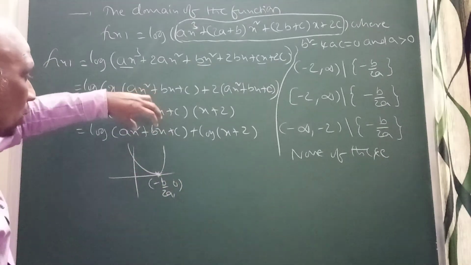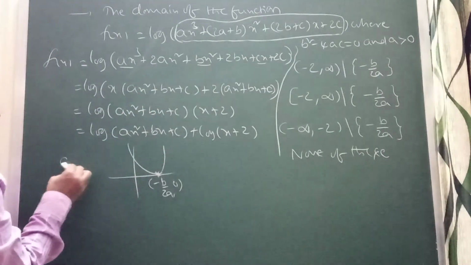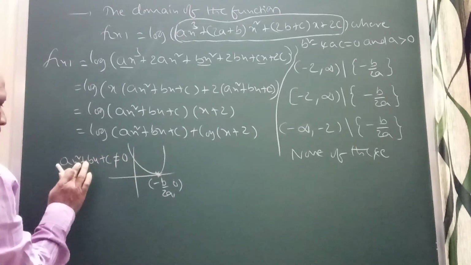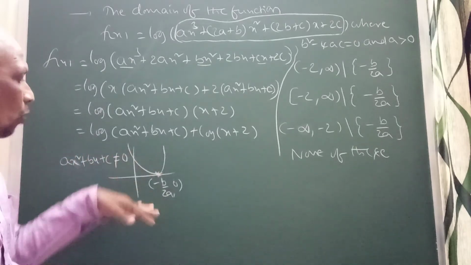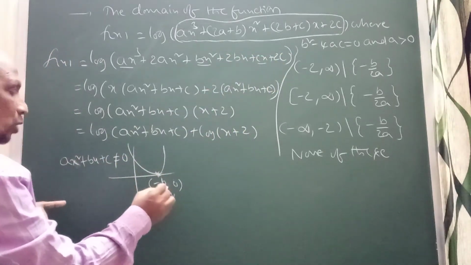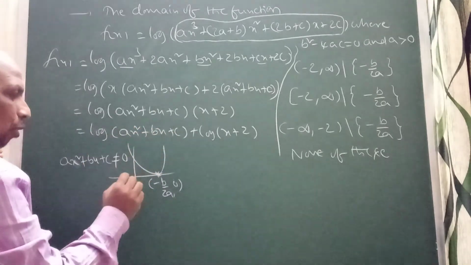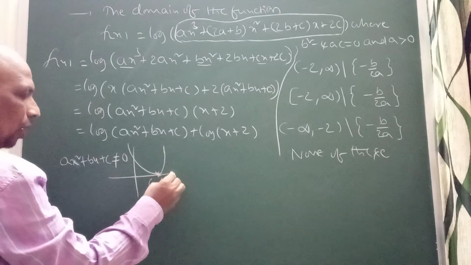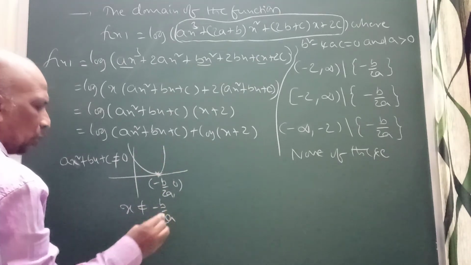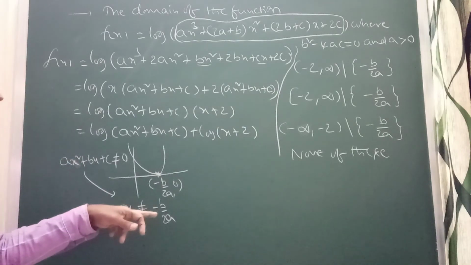But to define logarithm, this should not be 0, right? Here I should write ax square plus bx plus c should not be equal to 0, right? They given a positive, upward parabola, discriminant equal to 0, but I should not consider this one. X should not be equal to minus b by 2a, because this value should not be equal to 0, should be positive. So we should not consider this value. So x not equal to minus b by 2a.